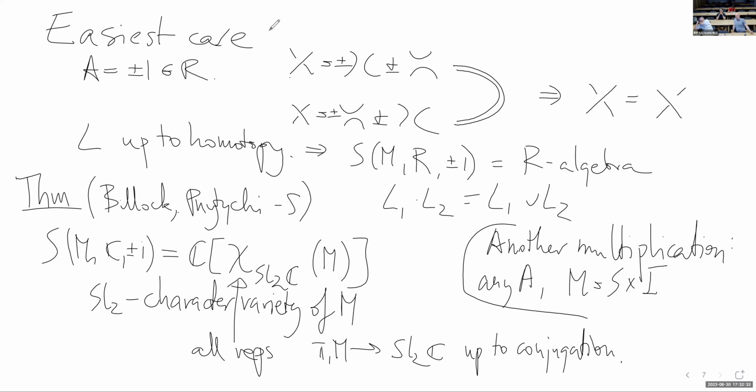First of all, I should tell you this. This object is a variety in the sense of scheme theory. This coordinate ring may have nilpotents. I'm going to explain this in a moment. So Bullock only proved it up to nilpotents. What does it mean, up to nilpotents?